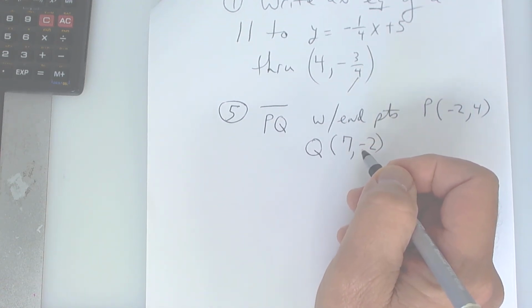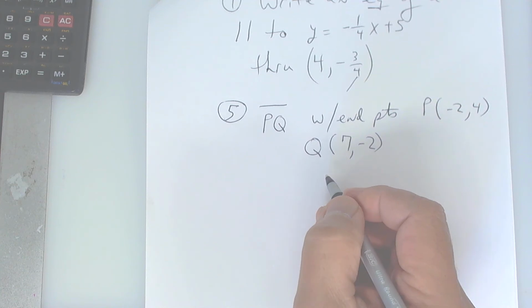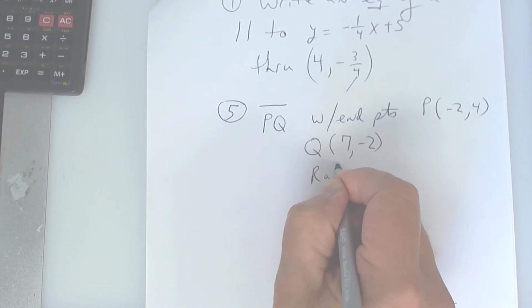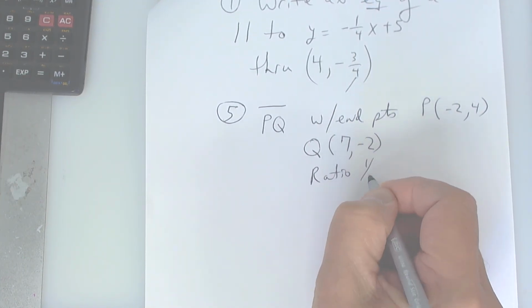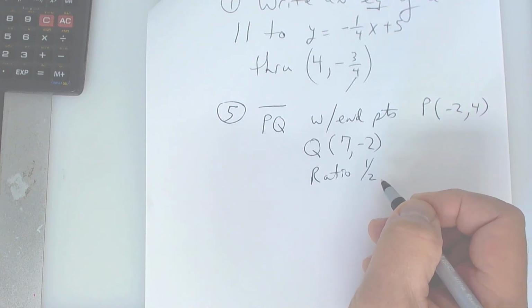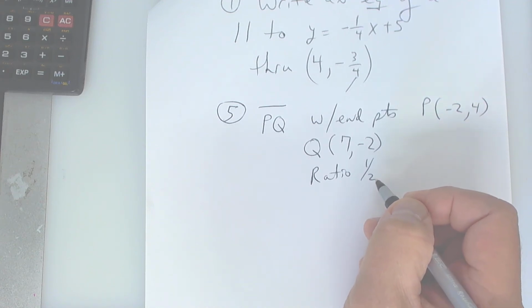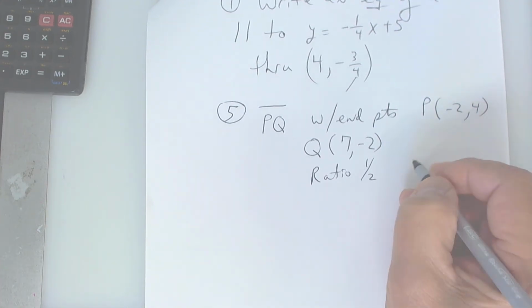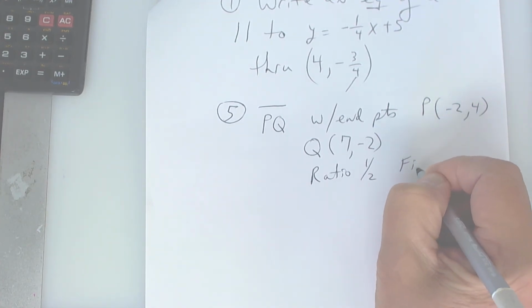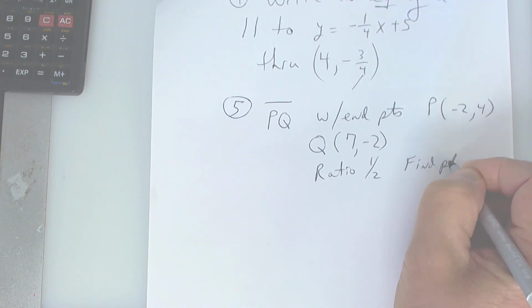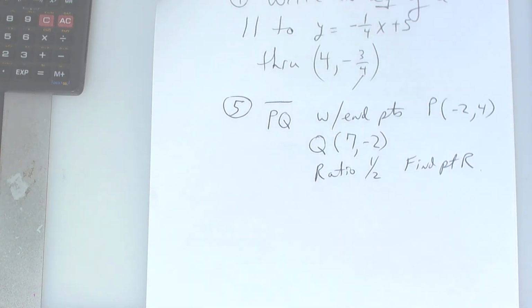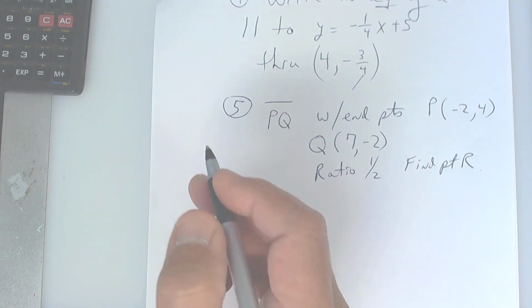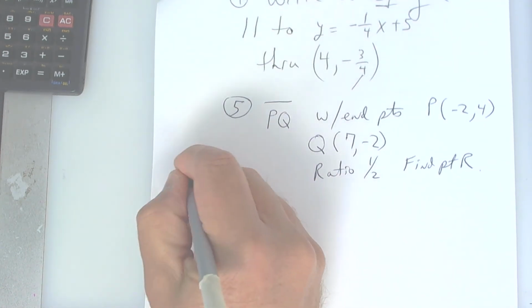What is the partition from P to Q that is a ratio of 1/2? Find that point. They call it point R. Write that down. Partition. Kids miss this one every year.